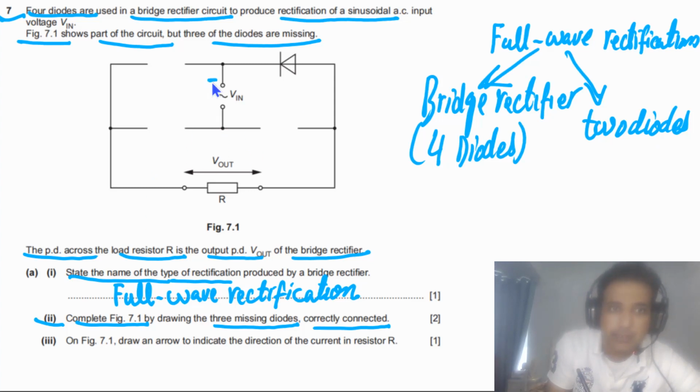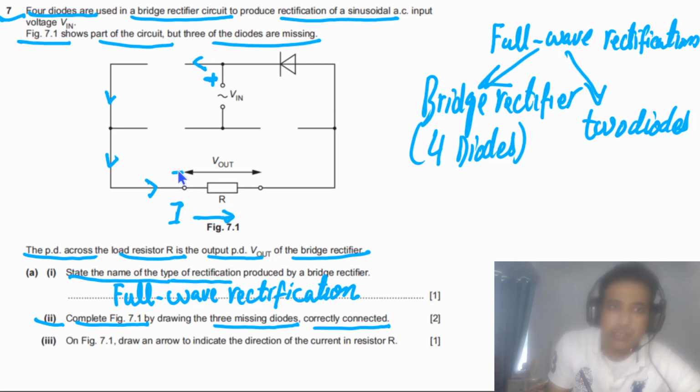Now imagine that if this terminal is positive, current will flow this way, then current will cross this junction and flow here. So the direction of current will be this way through this resistor.